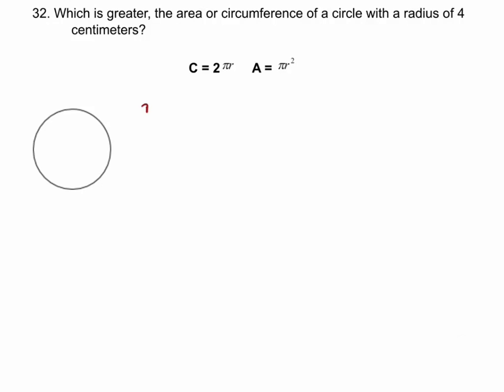Circumference is, this is given, so it's 2 times pi times radius. And area equals pi r squared. So, what does that mean? Pi times r squared. And your radius is 4. So plug it in and just multiply.